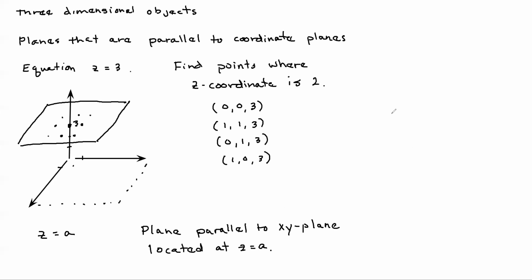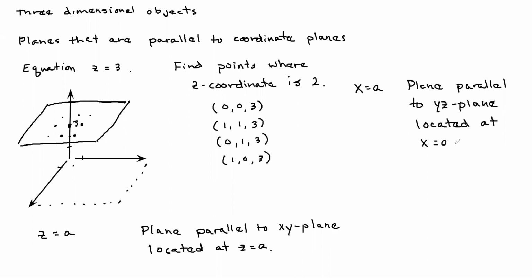Okay, so you could go through and generalize this and say, all right, well, if we had x equals a, right, that would be the plane parallel to the YZ plane located at x equals a.